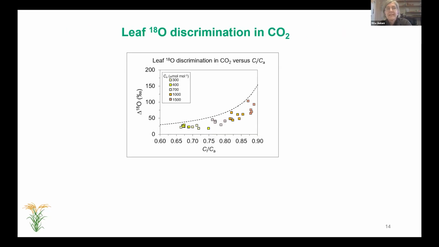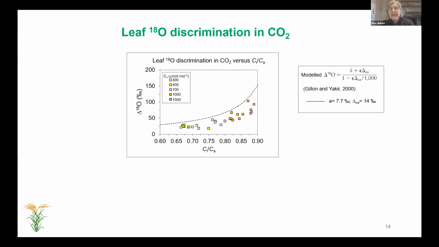The new tracer is able to detect also the oxygen 18 signal in CO2. Here we have the response of the discrimination for 18O in CO2 versus the Ci over Ca. The dashed line corresponds to the theoretical line, in analogy to the theoretical line we observed before for the 13C discrimination versus Ci over Ca.